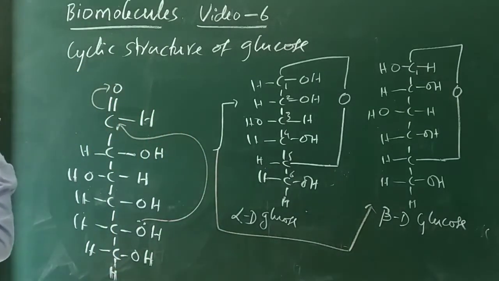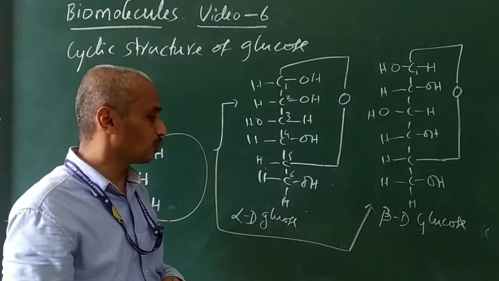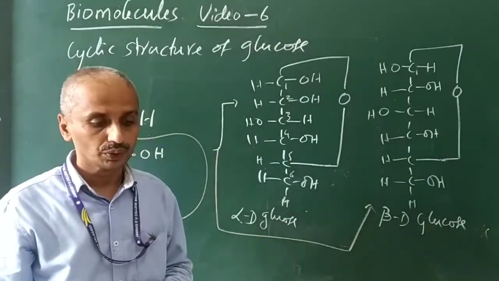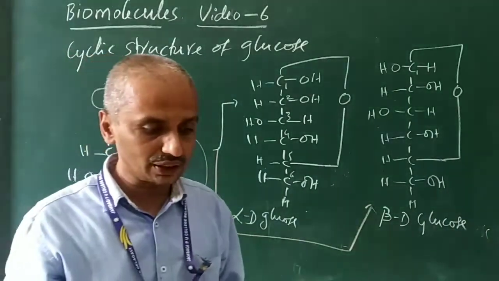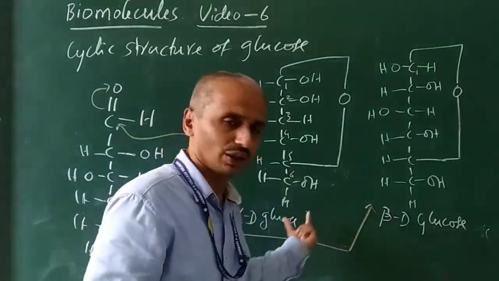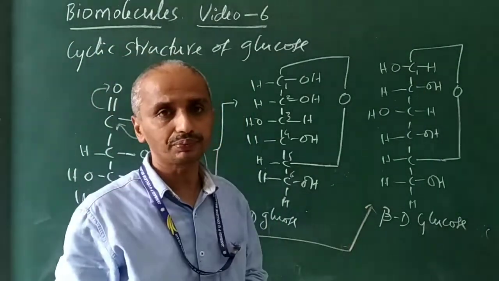Now remember, alpha D glucose and beta D glucose are two different crystalline forms of glucose.